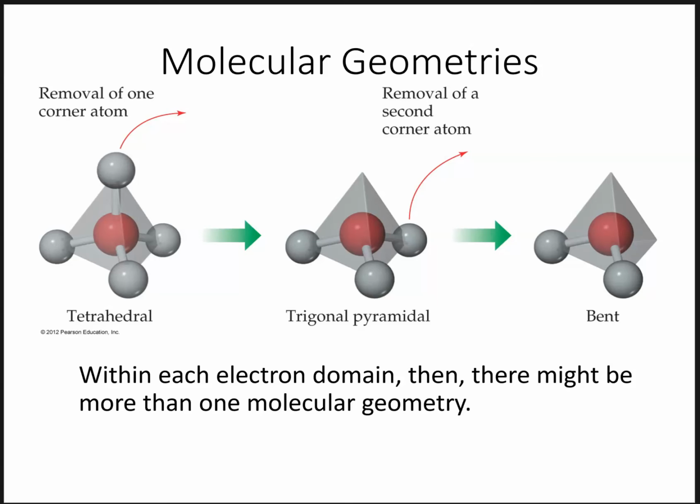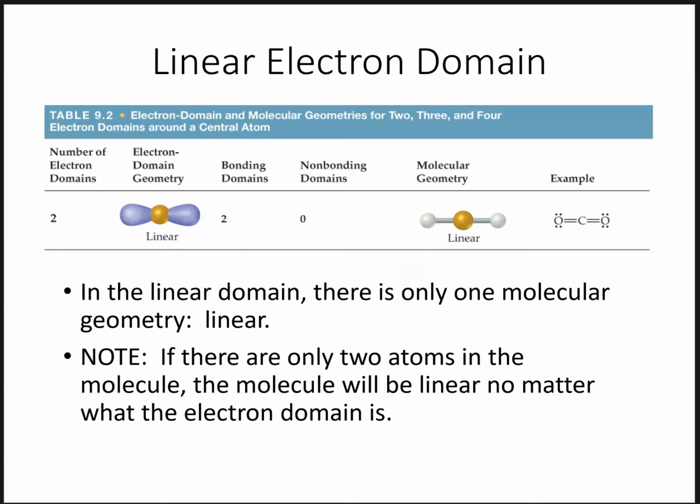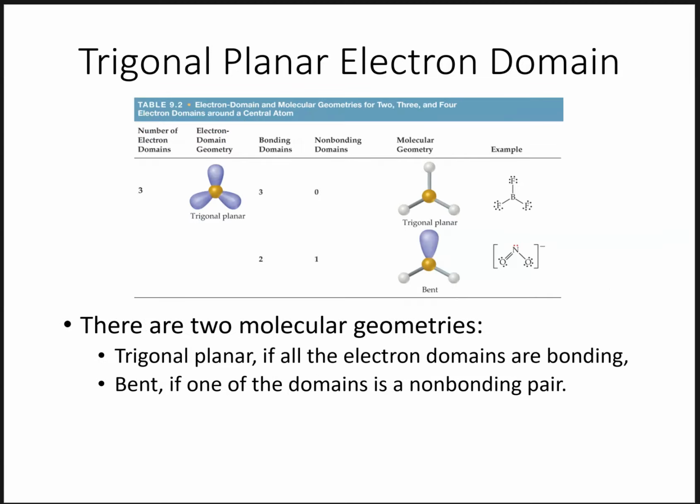So let's briefly go over the different names. If you have an electron domain geometry with just 2 domains and they're both bonding, then you have a linear geometry. If you have 3 domains and all 3 of those domains are filled with bonds, you have a trigonal planar geometry. In the trigonal planar geometry, the bond angles are approximately 120 degrees.